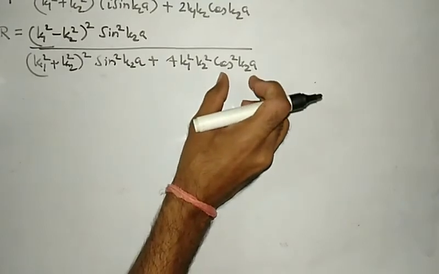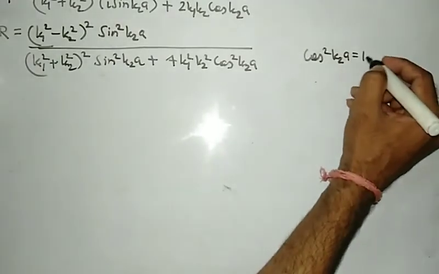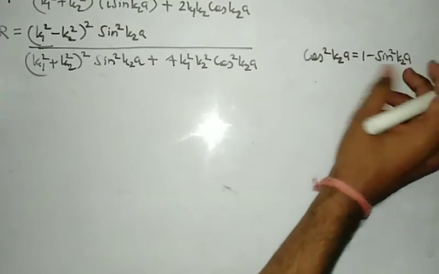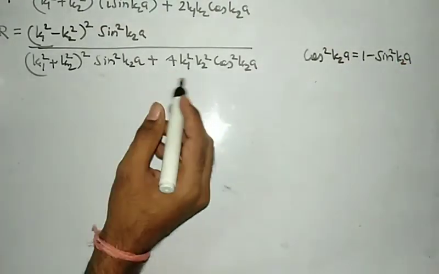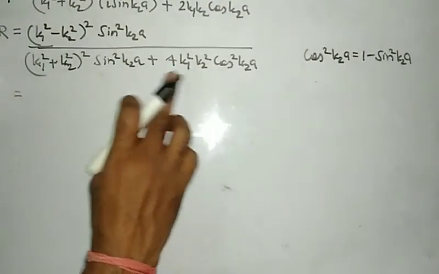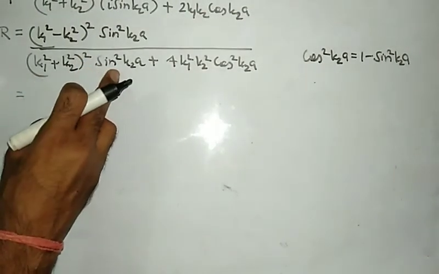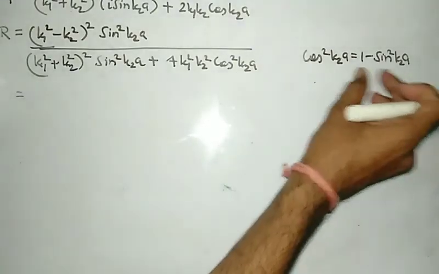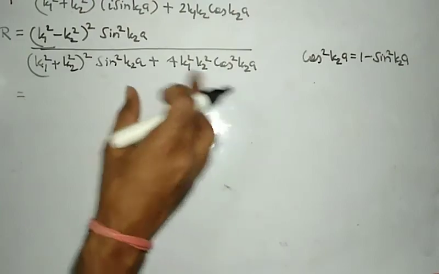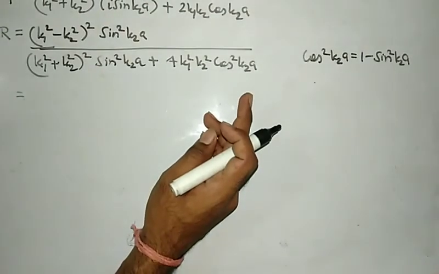Again converting this term into sin square, we use cos square k2a is equal to 1 minus sin square k2a. As we did for the transmission coefficient, we will convert this also. We get 2 k1 square k2 square sin square k2a, and using this relation we have minus 4 k1 square k2 square sin square k2a. So when solved we get minus 2 k1 square k2 square sin square k2a.